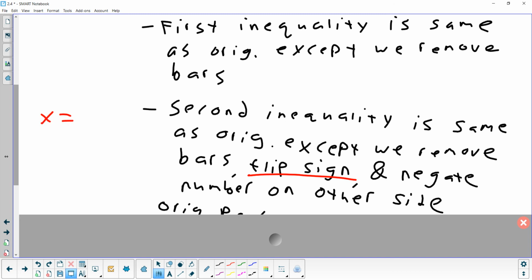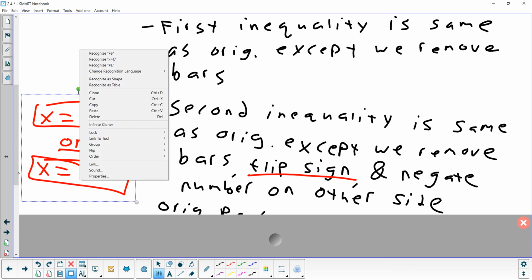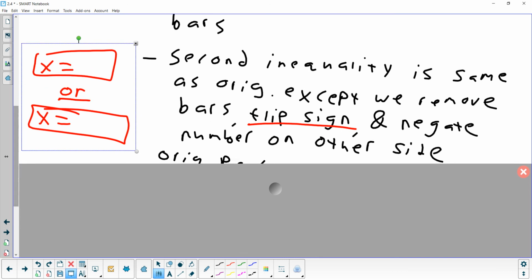X equals something, or X equals something else. So yesterday, we always used the word or. Today, we have a choice. It's either going to be this or this, and or or. It's going to be one of the two.